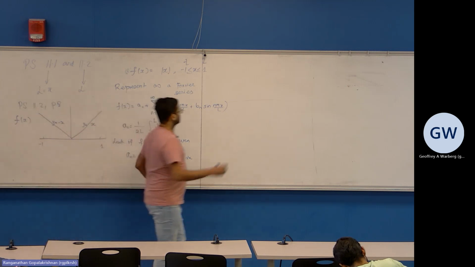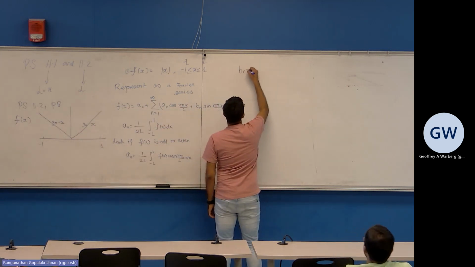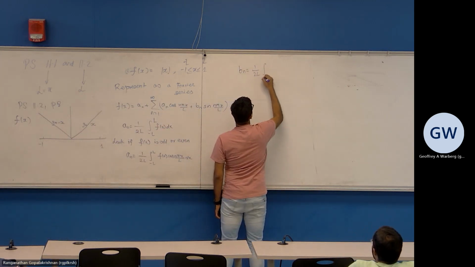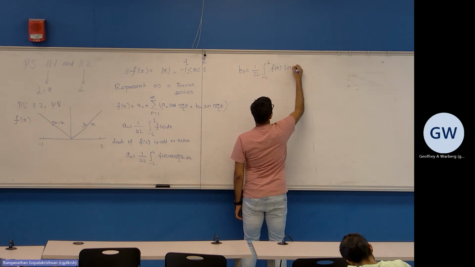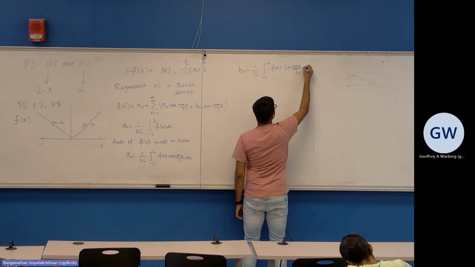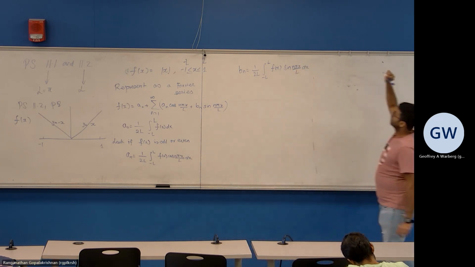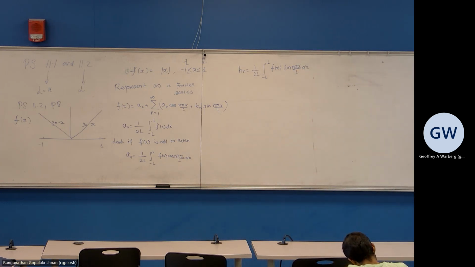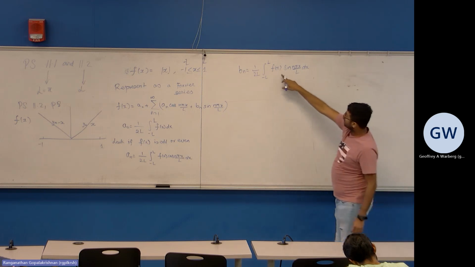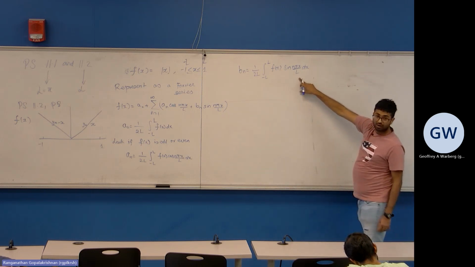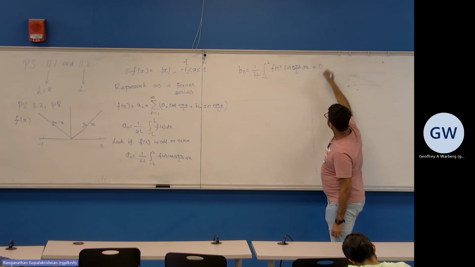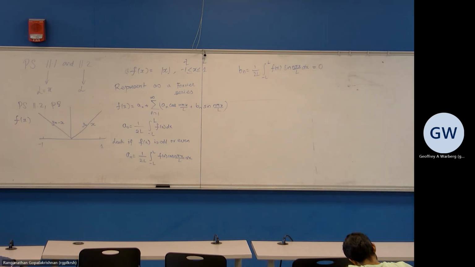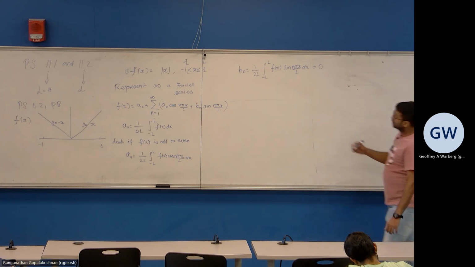But if you look at Bn, it is 1 over 2L integral from -L to L of f of x sine n pi x over L dx. Our f of x here is even, but sine x is always odd. So you can almost write it without anything else, that Bn is 0. A useful simplification. Okay, Bn is 0.